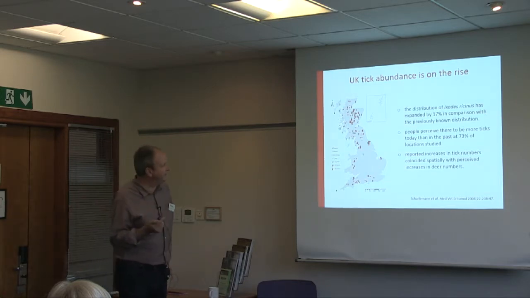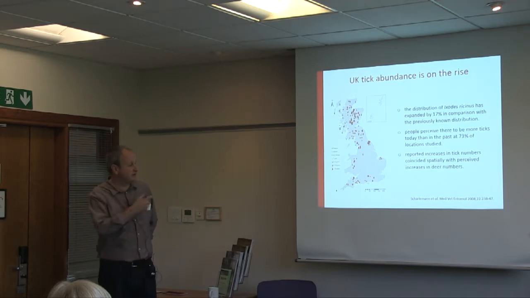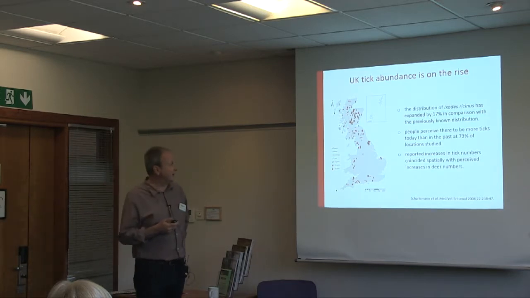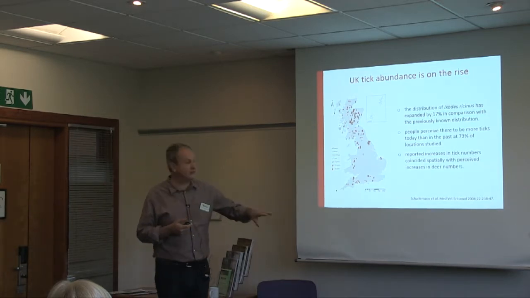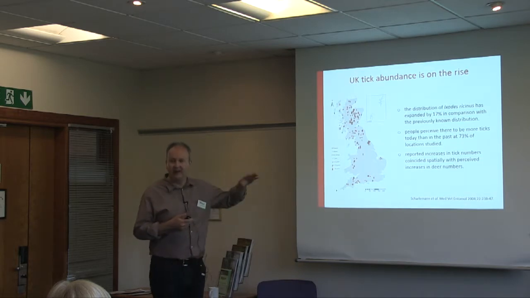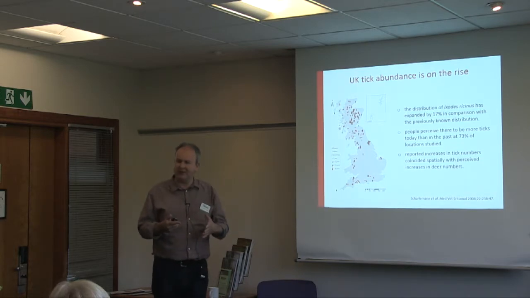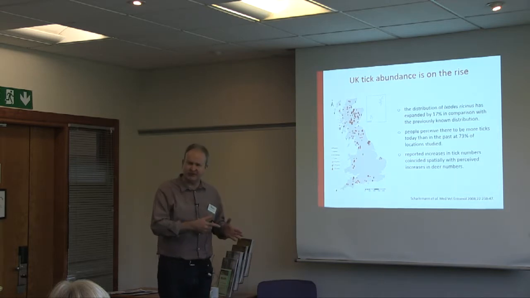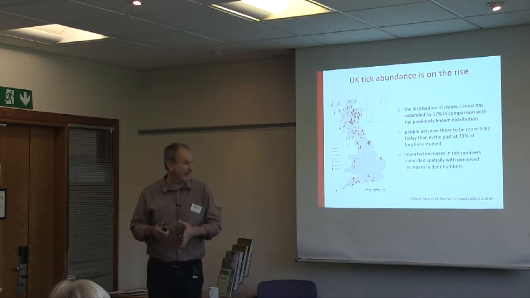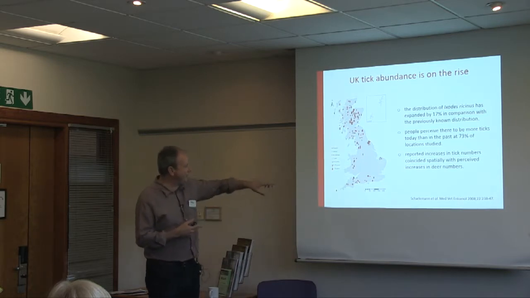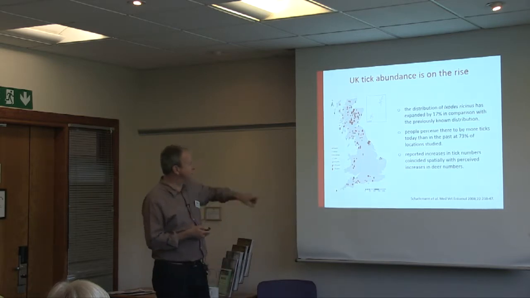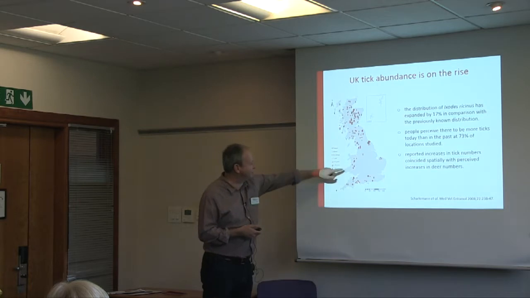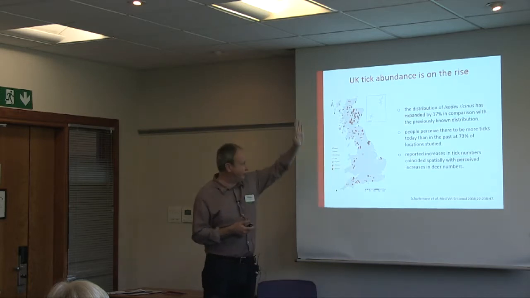And perhaps the most comprehensive survey was done 10 years ago now by a group in Oxford, where they simply asked people, are there more ticks where you live now than 20 years ago? And if there were no ticks 20 years ago, are you seeing ticks now? And you can see that in general, or maybe you can't see, but the red triangles indicate an upward trend.